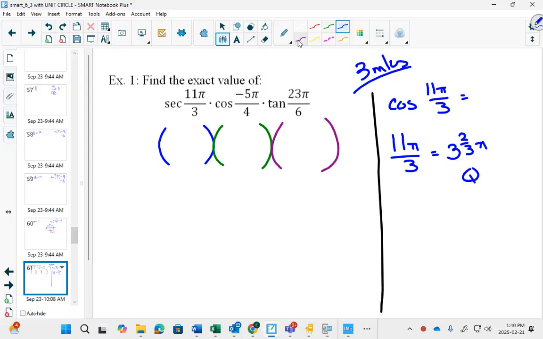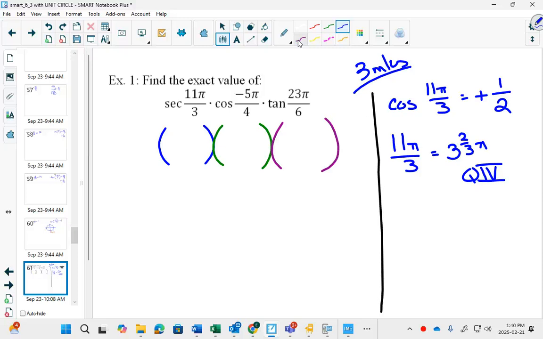That's in quadrant 4. Quadrant 4 is important. It's going to tell me this is positive. And I know that my cos of pi over 3 family is 1/2. So this will be positive 1/2.